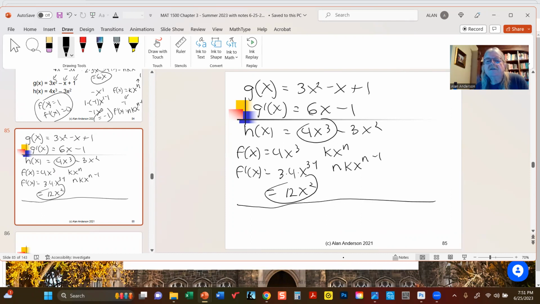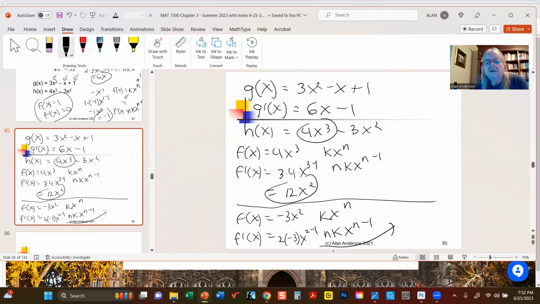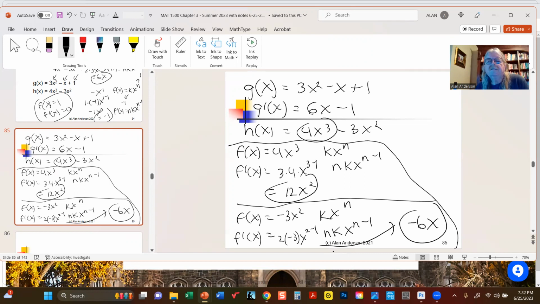And then for the negative 3x squared, negative 6x. So that means that altogether, h prime of x is 12x squared minus 6x.